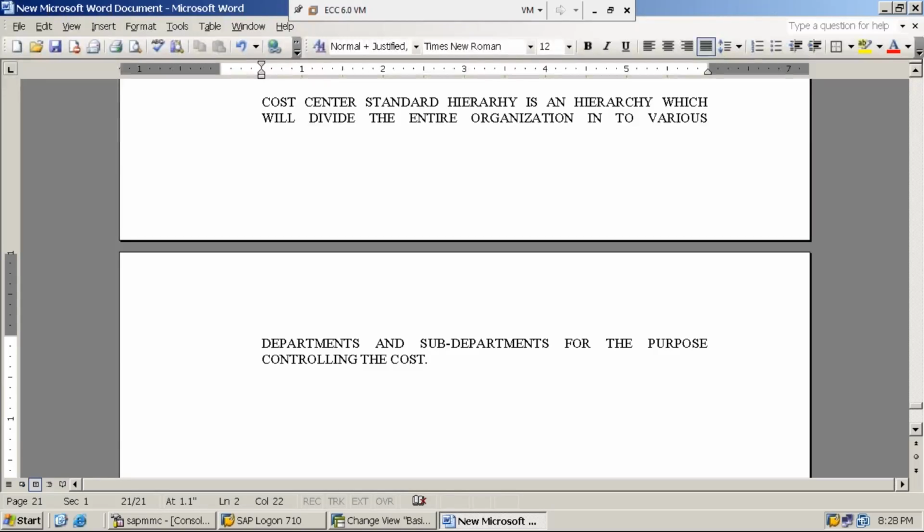Yes. So to have control and to reduce the cost, the organization must be divided into small portions like departments and sub-departments. Like I mentioned, a manufacturing organization will be divided into production departments, service departments, and semi-service departments.